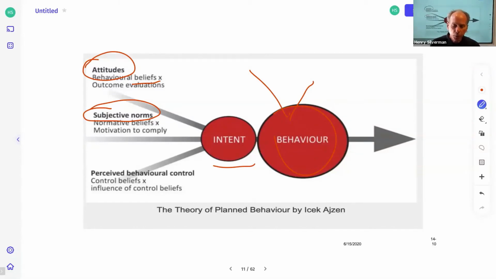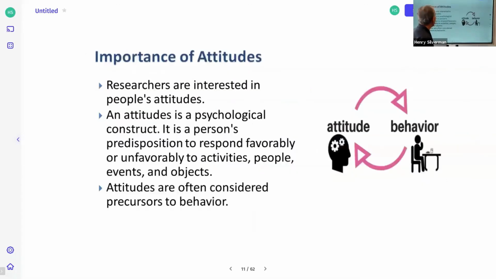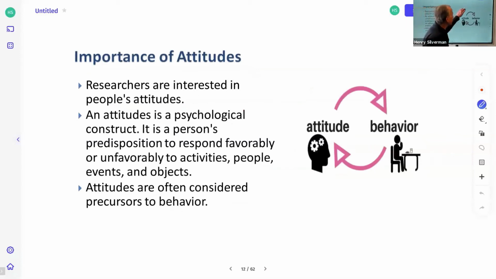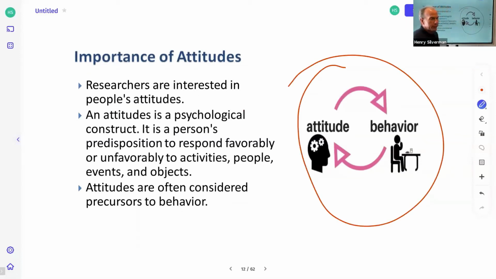And behavior is multi-dimensional, in which the most causal point is the intent, and then the attitudes drive the intent, and then you have all the other aspects that go into behavior, which include knowledge, perceptions, awareness, opinions, and most important, the attitudes. So attitudes are very causally linked to behavior.